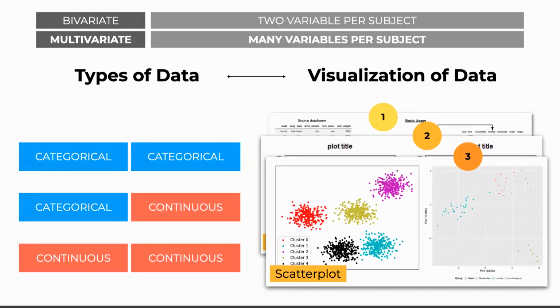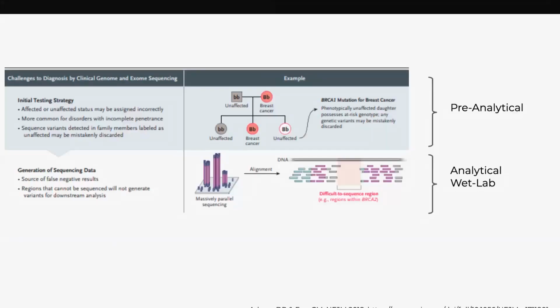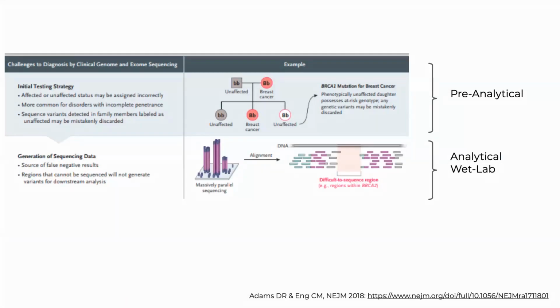Here's an example of genomic data or genetic data from a clinical panel designed to inform a clinician about risk for mutations in breast cancer.